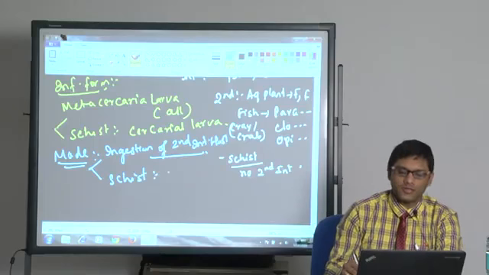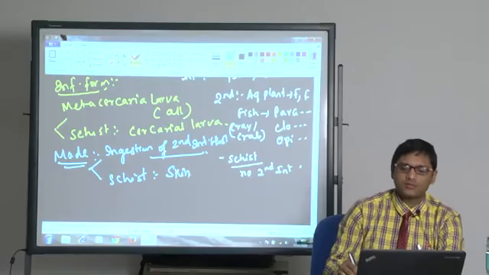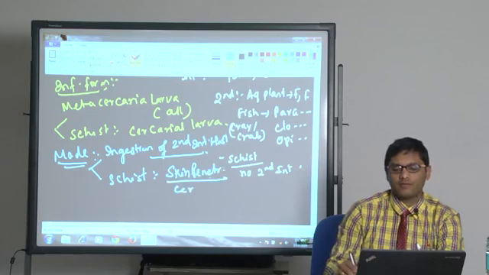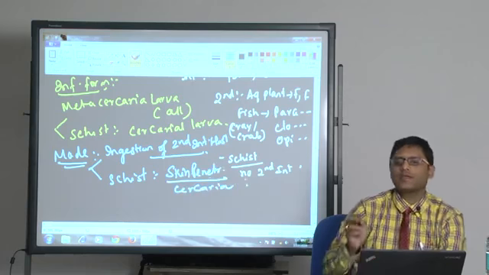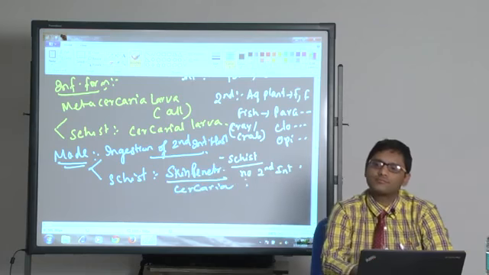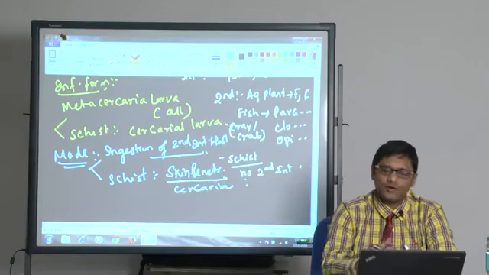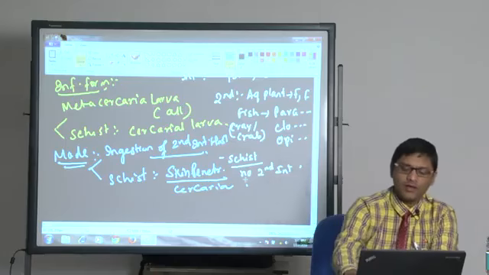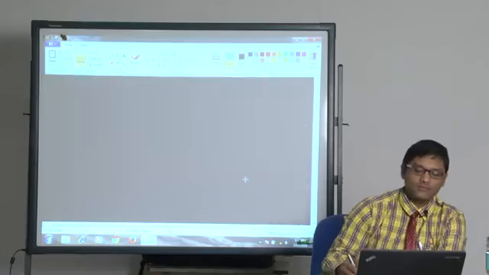Here the mode of transmission is skin penetration by cercarial larva. Okay, so this is how you have to remember the life cycle.